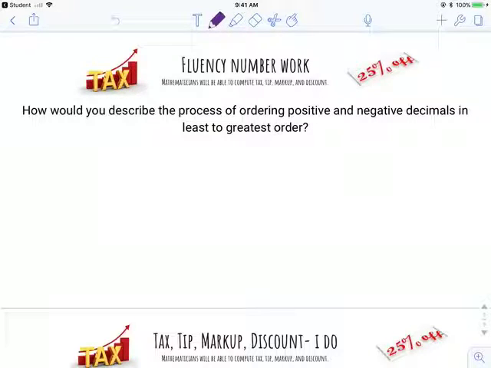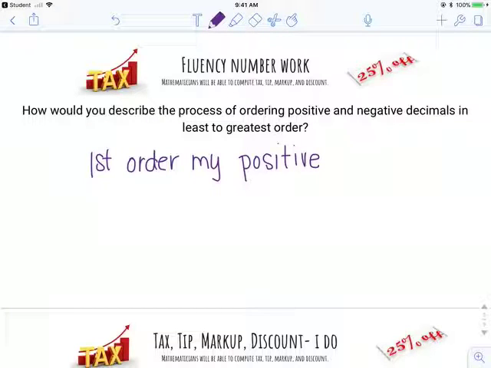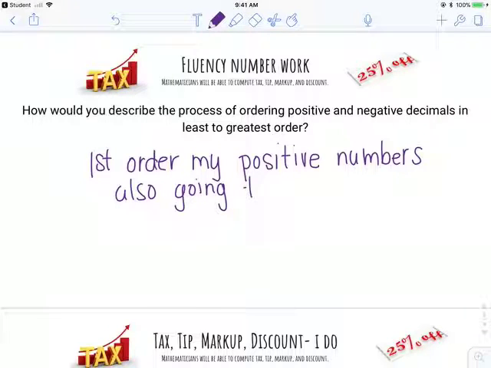So how would you describe the process of ordering positive and negative decimals? For me, I would first order my positives. These numbers go least to greatest. And while I'm doing that, I'm also going to look at place value.